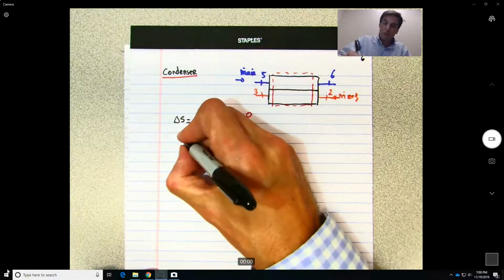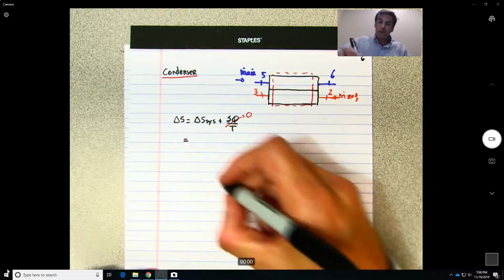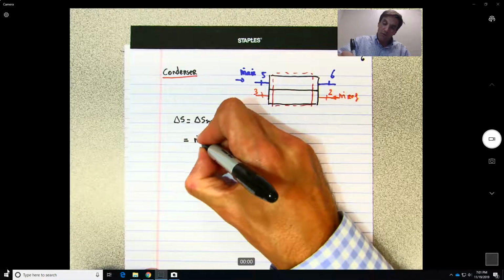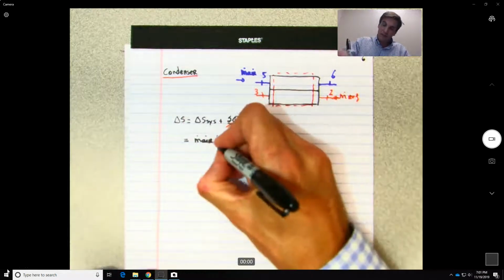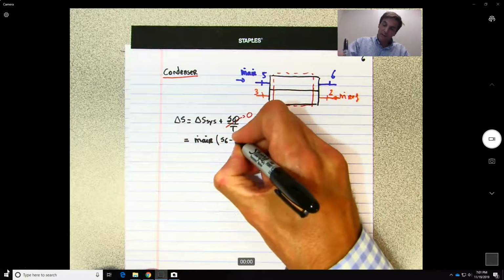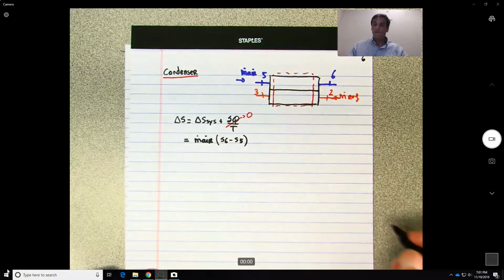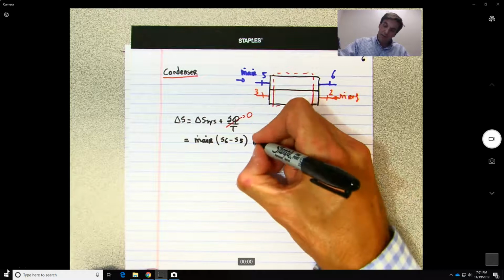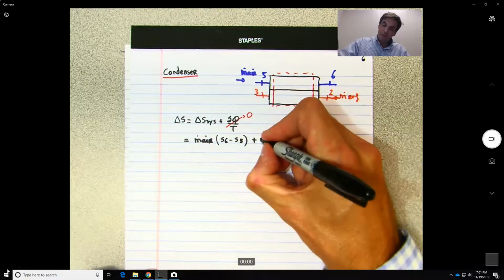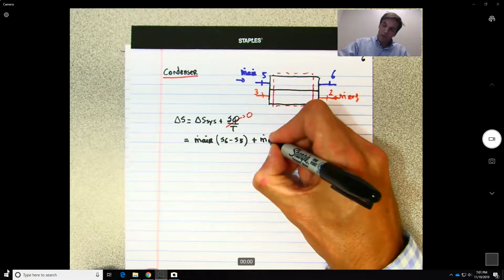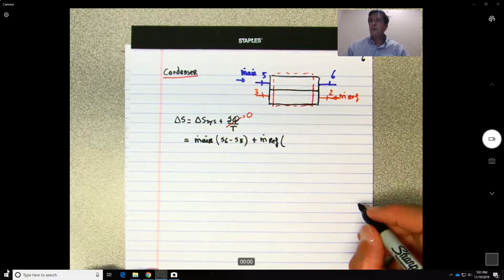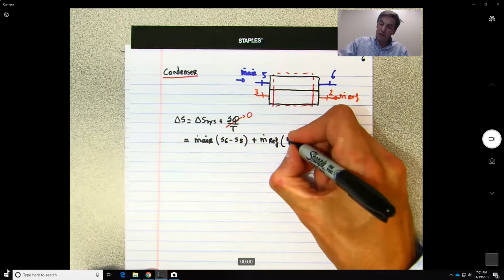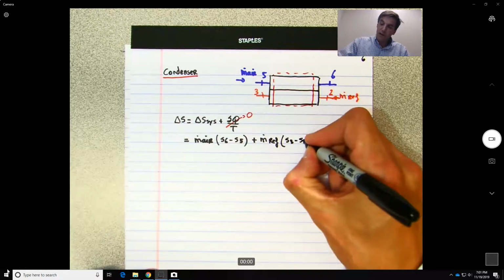This will be equal to the mass flow of air times S6 minus S5, plus the mass flow of refrigerant times S3 minus S2.